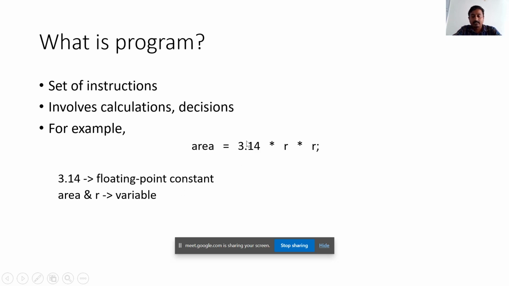If a number has a decimal point, that is known as a floating point number. Here area and r are the variables. The operators actually operate on operands, so area, 3.14, r are the operands, and equals and multiplication are the operators.